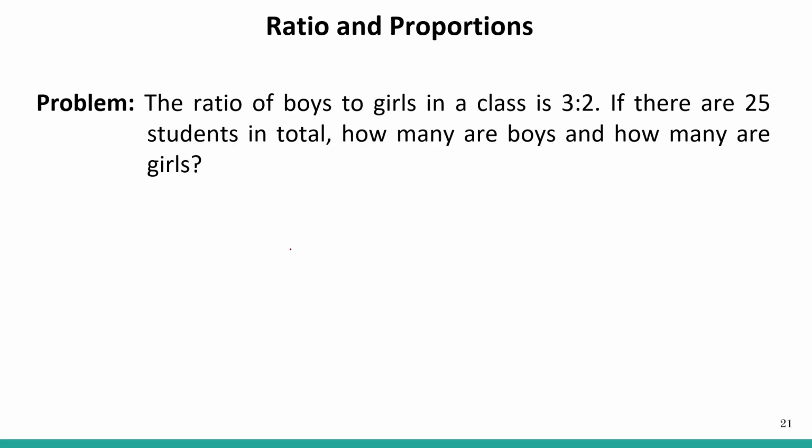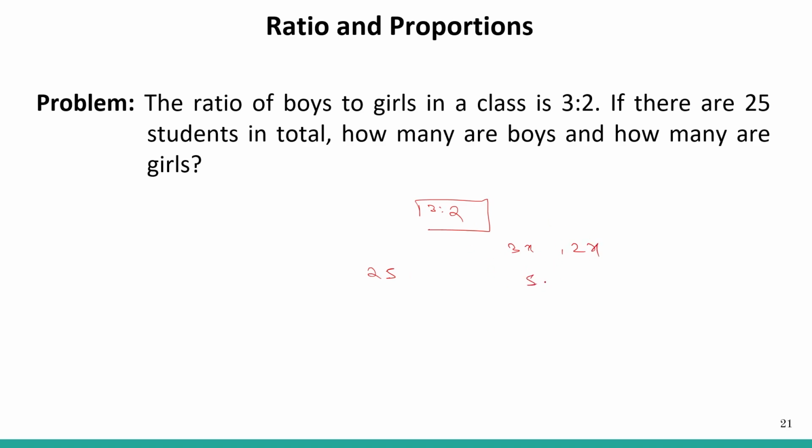So problem number 1: the ratio of boys to girls in a class is 3:2. If there are 25 students in total, how many boys and how many girls are there? Let boys be 3x and girls be 2x.